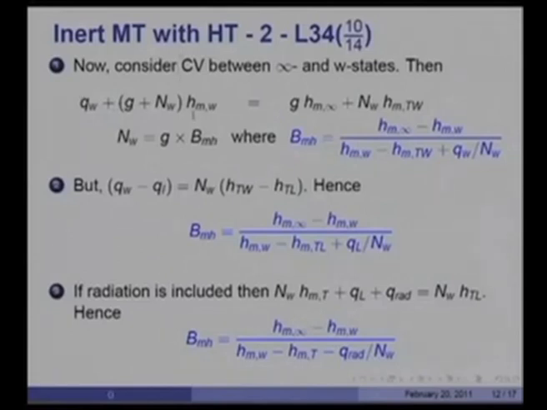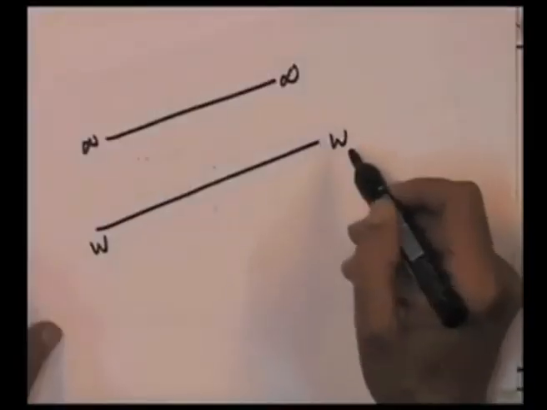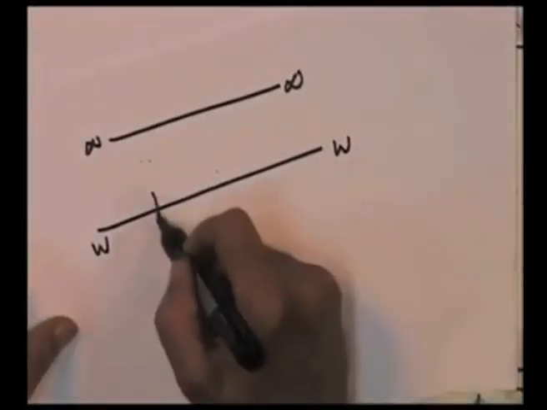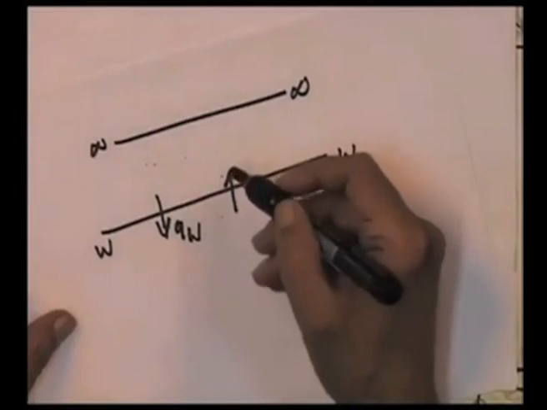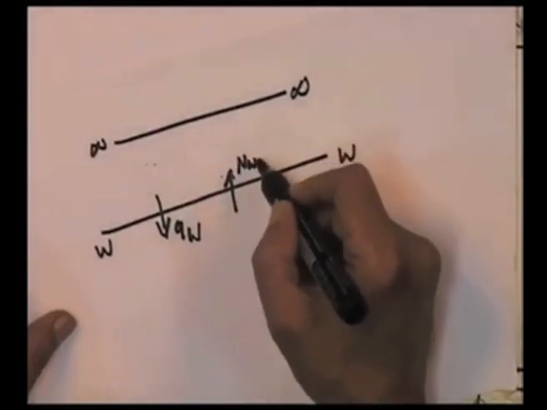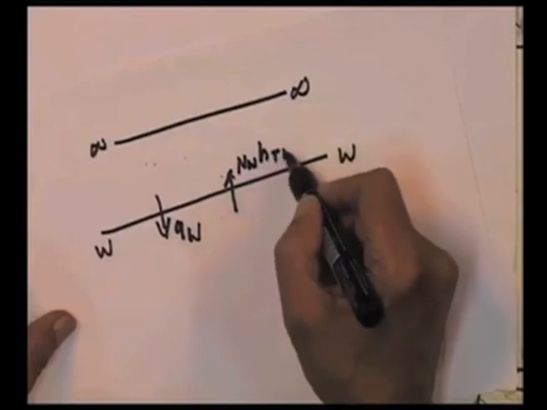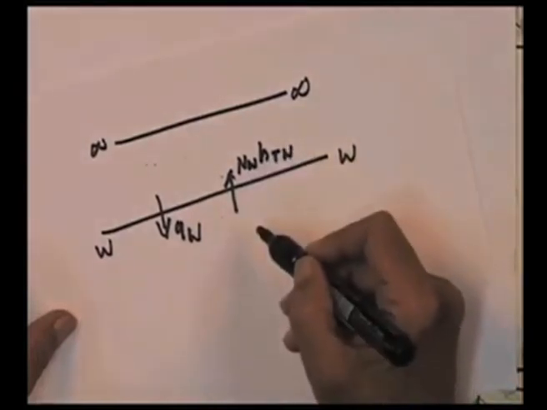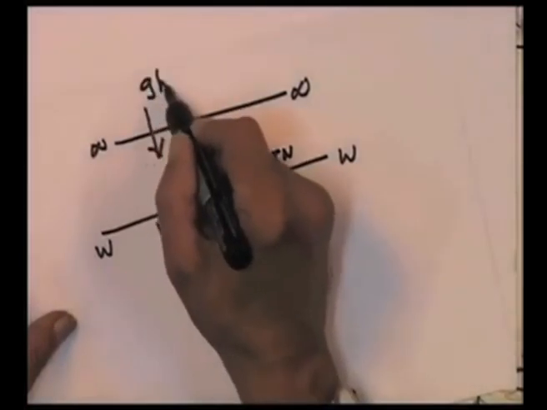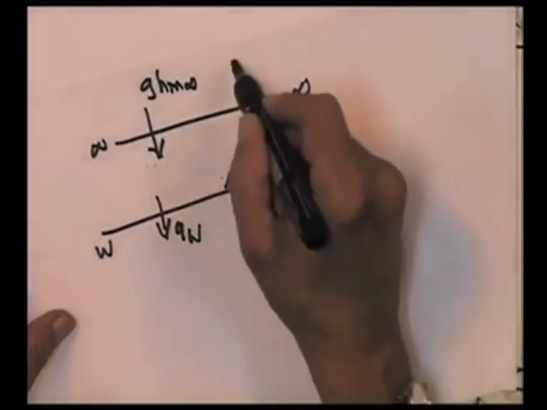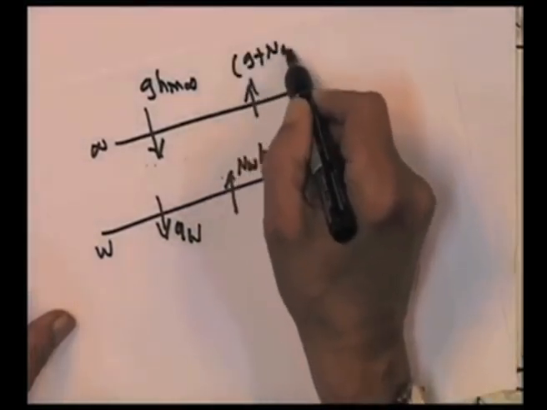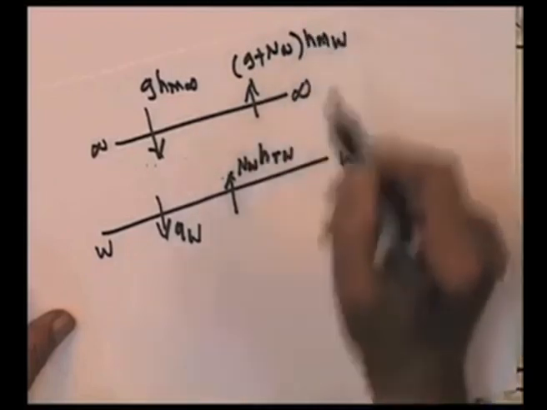If I consider the CV between W state, infinity state, and WW state, and write, then you know this is QW, here I will get Nw times H Tw, this will be G times Hm infinity, and there would be G times plus Nw into Hmw.